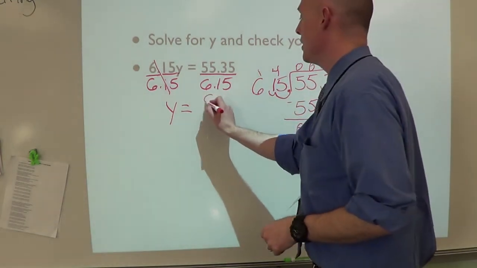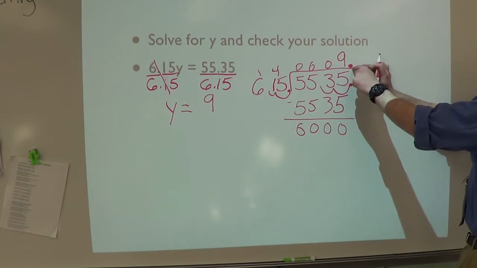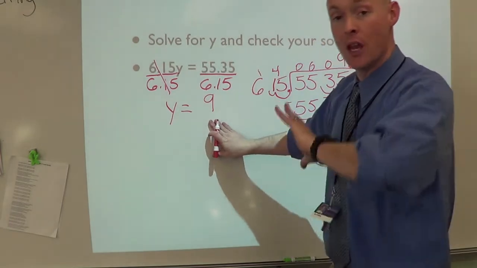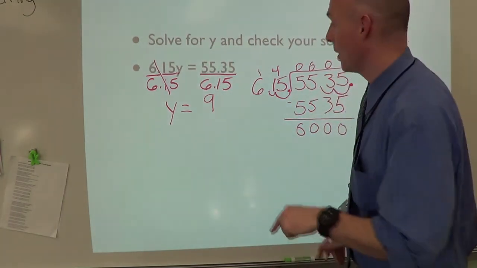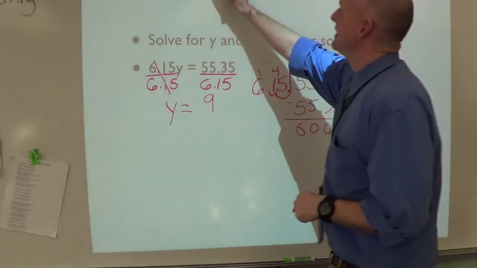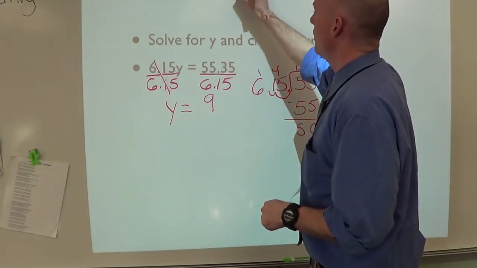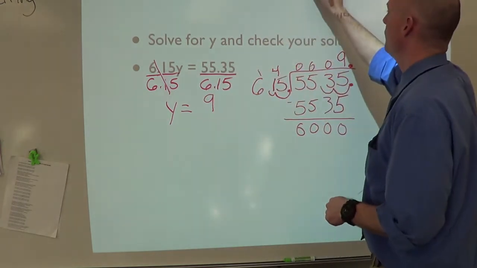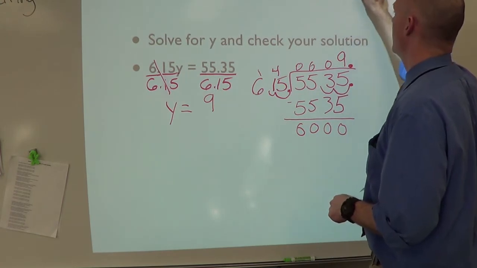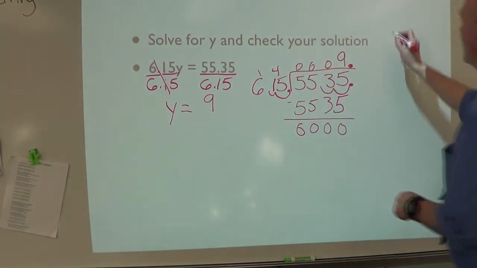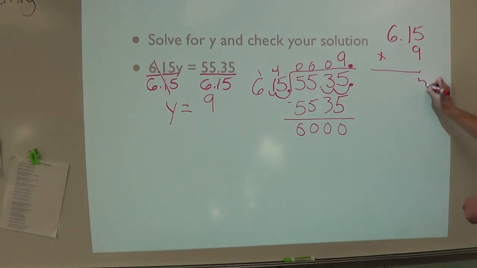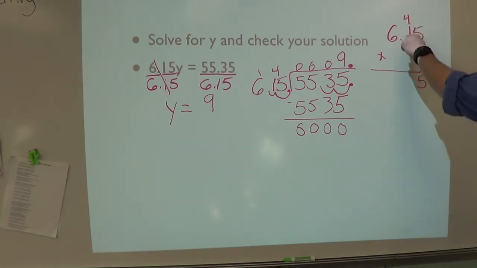So y equals 9. And notice it's y equals 9 decimal point. It could be decimal point 0. We're just going to leave it at 9. We think it's right. The only way to be 100% sure, double check your work. So let's multiply 6 decimal point 1 5 times 9. And let's hope that it equals 55 decimal point 35. I'll do the work over here to the side. 6 decimal point 1 5 times 9. 9 times 5 is 45. 5 carry the 4. 9 times 1 is 9.